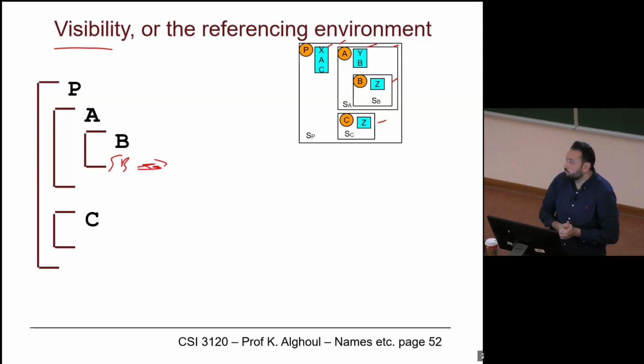You want to help me? Ibrahim, right? B. Yeah. So what is visible to me? You're here, so that means Z is visible. What else? Y is also visible. What else? And then X is visible.